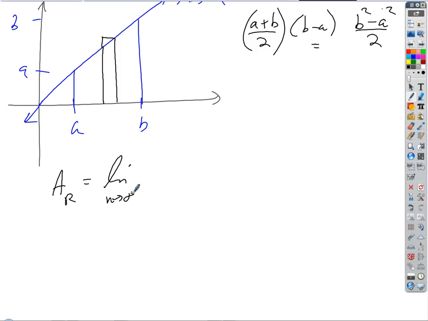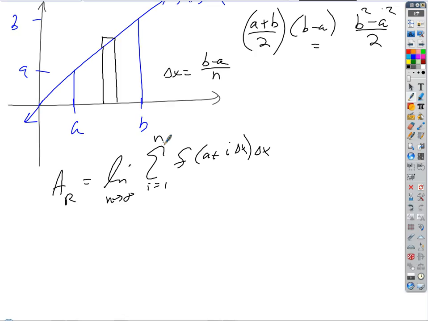We'll cut this thing uniformly, so we'll define delta x to be b minus a over n. So it's the limit of the sum of f of a plus i delta x, times delta x, as i goes from 1 to n.